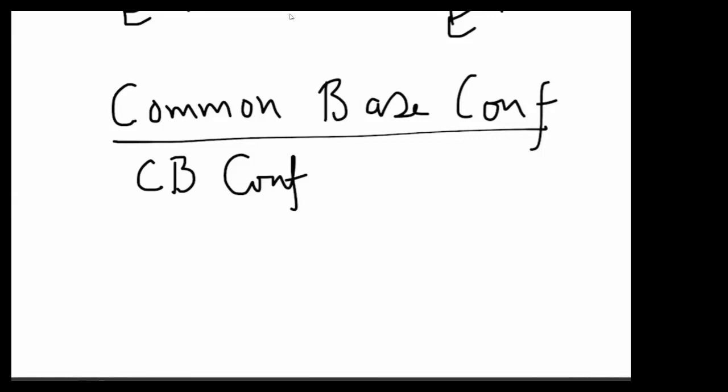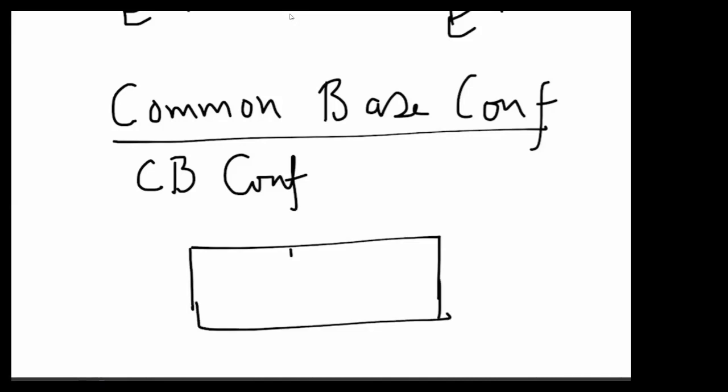And for the normal operation of the transistor, the emitter base junction needs to be forward biased, and the collector base junction needs to be reverse biased. If you remember, let's suppose we have an NPN transistor, and in this one we say one is the emitter. The emitter is basically heavily doped.